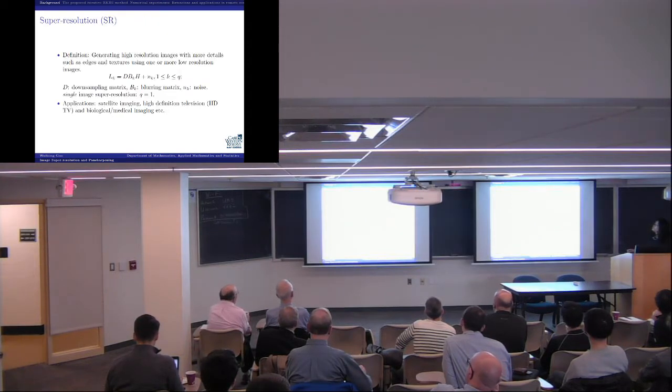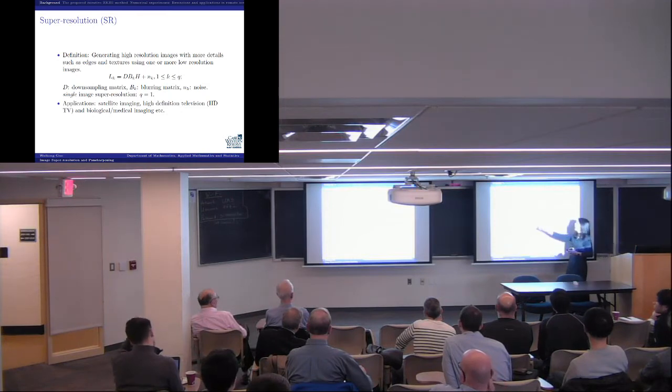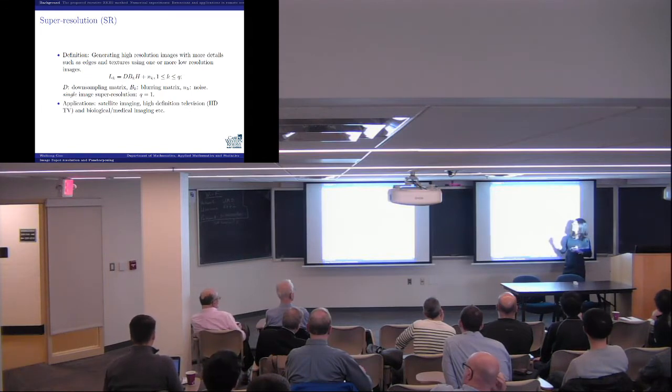So mathematically, this is the relation. You have one or two or several low-resolution images over here, where L means low resolution. So you have L_k, which is related to the high resolution image, whose size is bigger in a discrete setting.